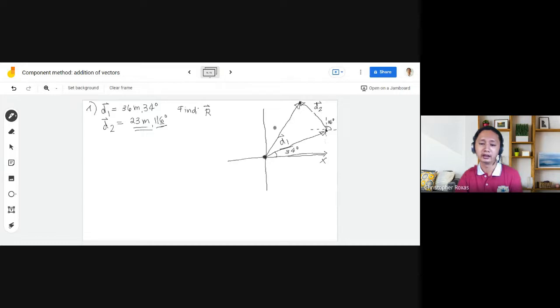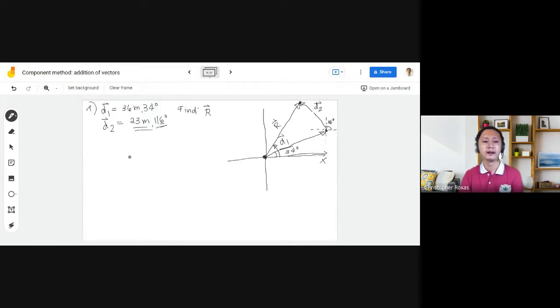And then you will measure it with your ruler, and using the scale that you use, you will get how many meters this is. So that's the magnitude. Then you will use the protractor to get the angle here. And that will be the direction. How many degrees that is. So that's how you apply the graphical method here.